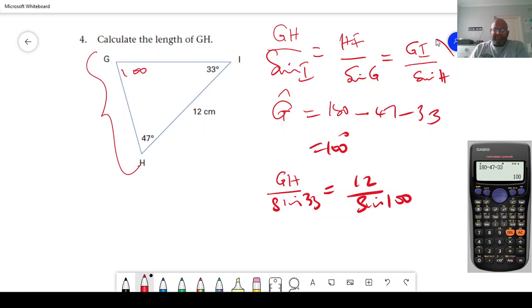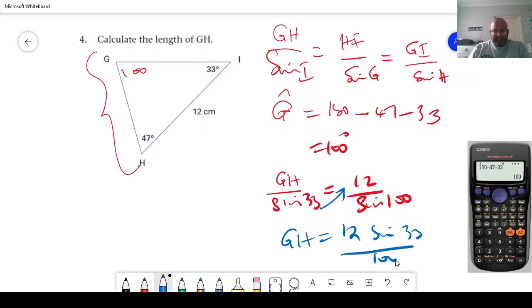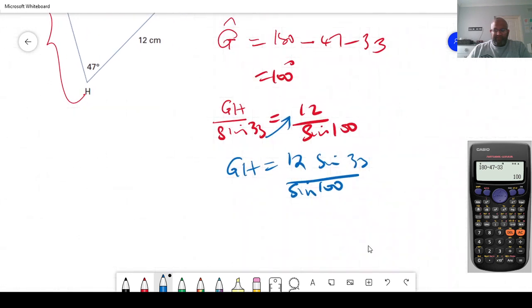You can write down the other information that you know, but that's not going to help us in any way, so we can just leave that out. So what we do now is we cross multiply, or we can just take sine 33 up. So GH is equal to 12 sine 33 over sine of 100. So we just need to enter that into our calculator.